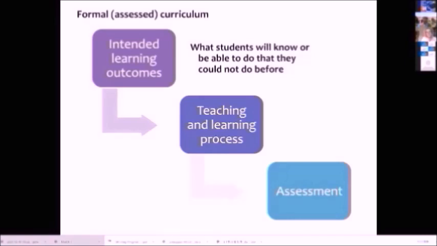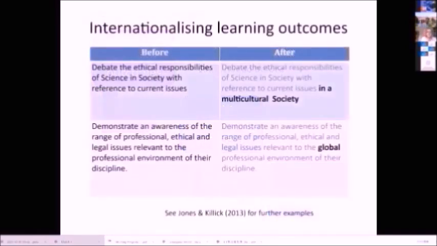And an example on the next slide from a paper that I wrote with David Killick, my colleague, thinking about how you can internationalize existing learning outcomes rather than having separate international learning outcomes is very important.